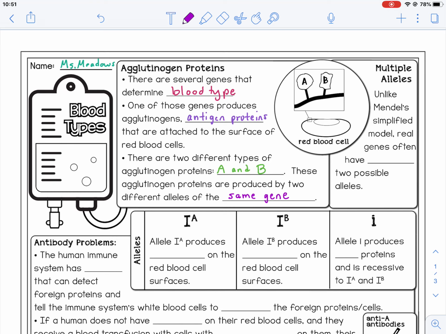So this multiple allele situation, up to last week, we were using a simplified model where there were only two possible alleles, but in reality, real genes often have more than two possible alleles. And that's the case with blood type.